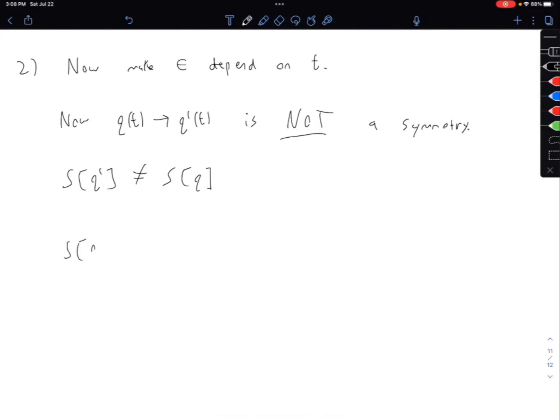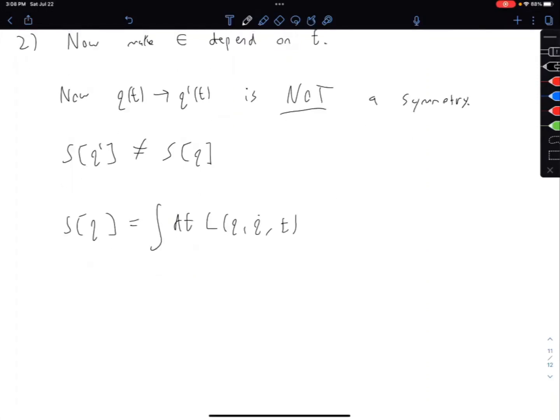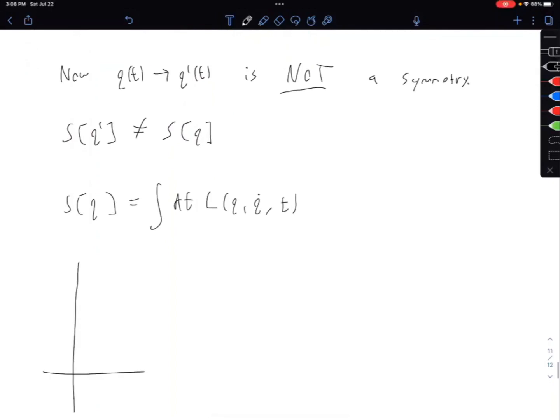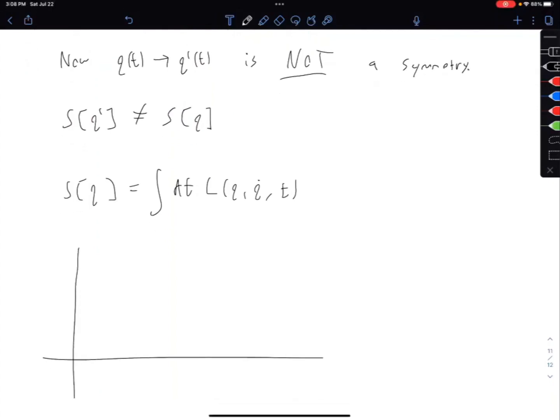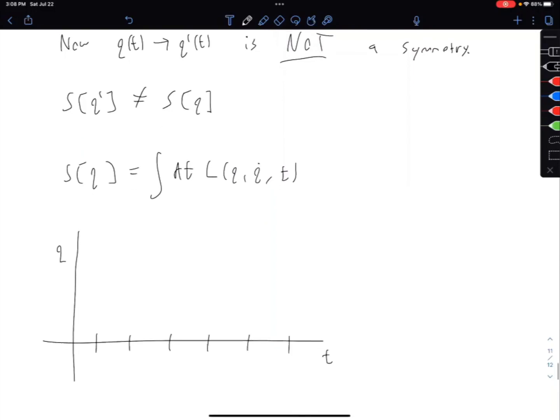What does it equal? Well, you can kind of understand intuitively what it's going to be. For any path, S of q is just some integral along the path of this thing here. So if I think of the path as broken up into a bunch of little segments, if I make this t and I make this q and I have some path, I'll break up time like this. So I'll call this dt_i, and these are indexed by i.